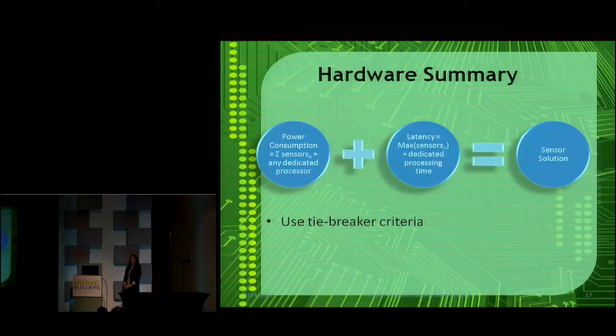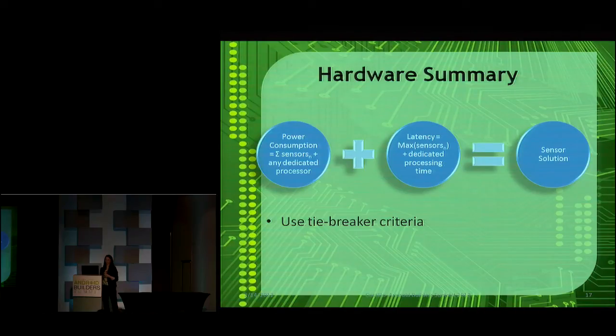Okay, we now have a gigantic spreadsheet full of all the sensors and sensor coprocessors or sensor hubs that we may want to use in our final design. But how do we evaluate it? For each solution, we want to sum up all the sensors' power consumption, as well as any dedicated processors we decide to use.